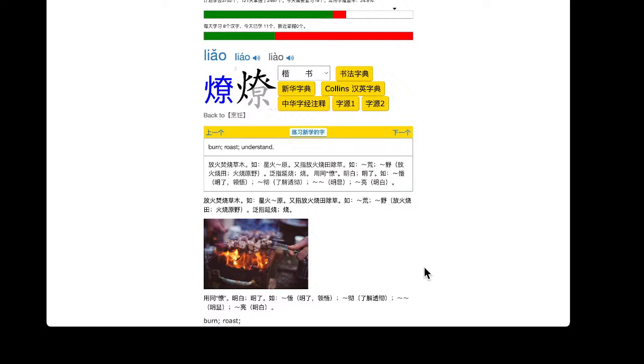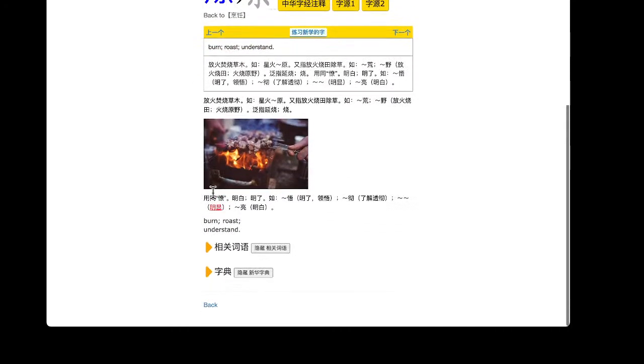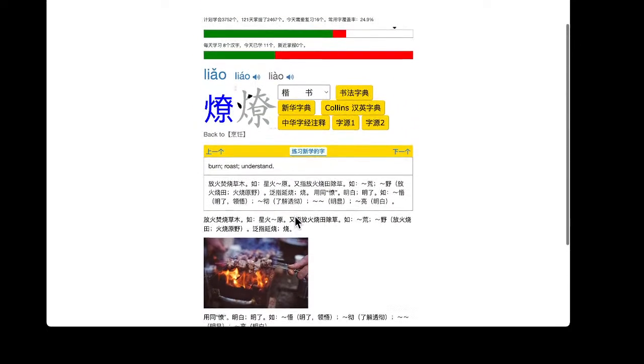That is because they treat the character with another character, it's written over here. This is a common practice a lot of times, that similar characters with similar pronunciation sometimes just borrow each other. So this is 了.